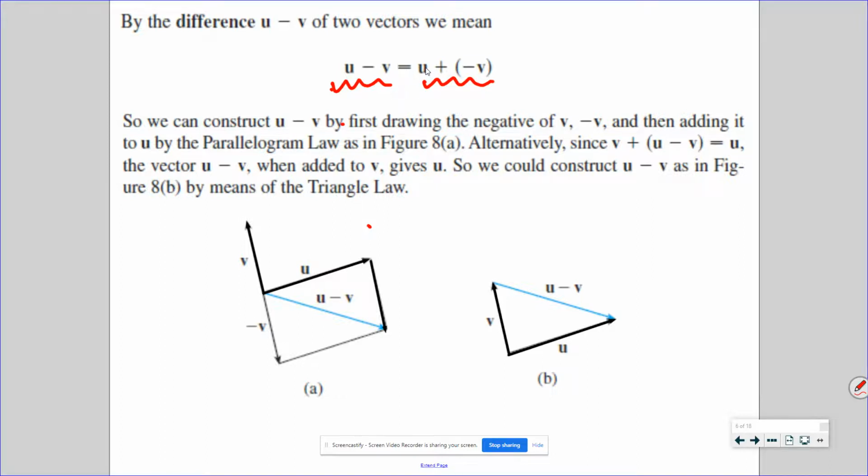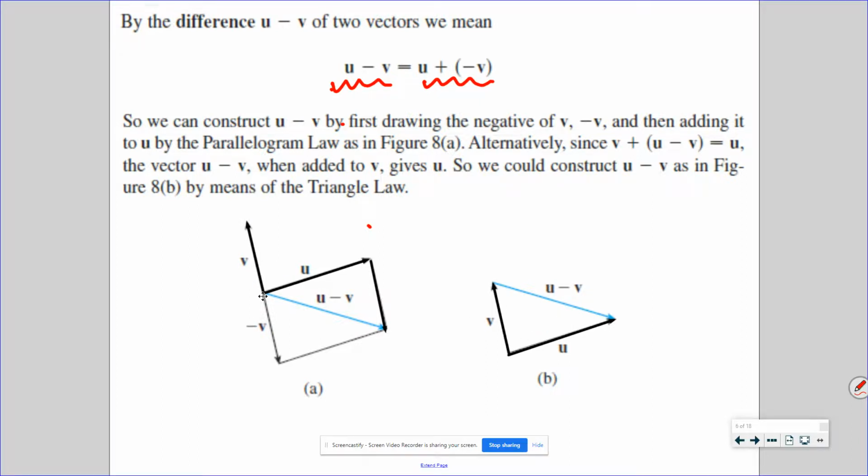We're going to think of it as taking vector u and adding the negative vector v. As we saw in the last slide, if you take a vector and make it negative, that means it changes direction. So if right here is vector v pointing upward, then negative v would be pointing downward. All right, so we are going to make that change to show how to subtract vectors.